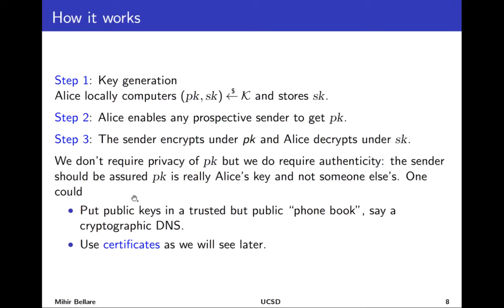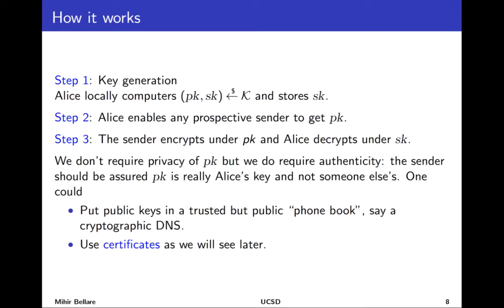In all of this, we will not require privacy of the public key. That's a big change relative to the symmetric setting, but that doesn't mean that there are no security requirements on it. It is required that authenticity holds, in the sense that when a sender gets something that it thinks is Alice's public key, it really should be hers and not someone else's.